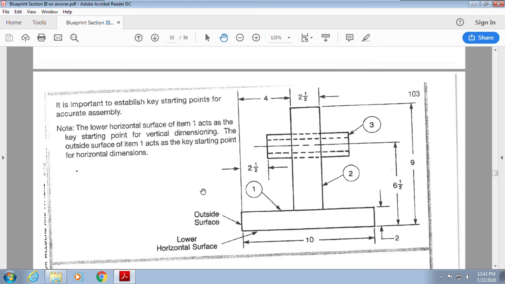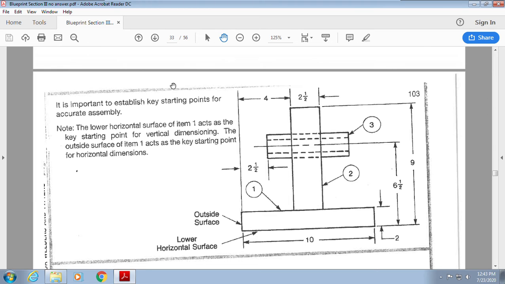All right, guys, so remember we're talking about where do we start from? How do we look at this? So let's read the directions. This is always, read your footnote, okay? It says the lower horizontal surface of item 1 acts as a starting point for vertical dimensioning. The outside surface of item 1 acts as the key starting point for horizontal dimensions.